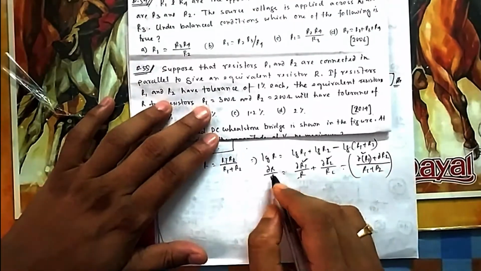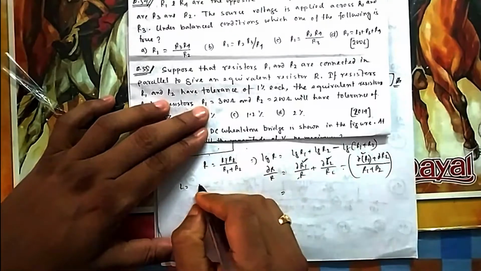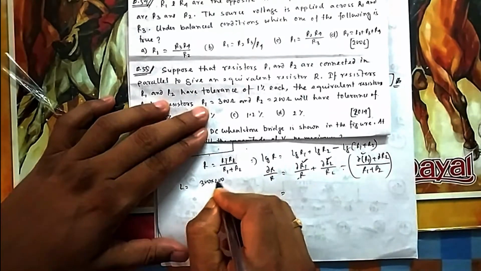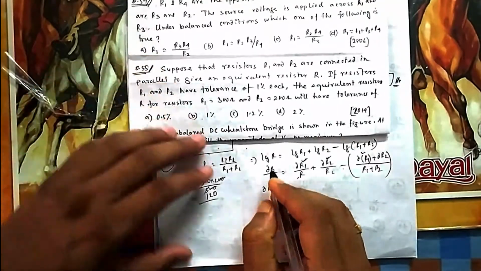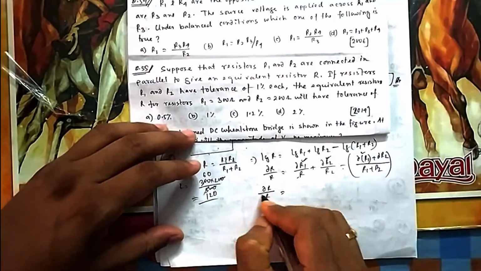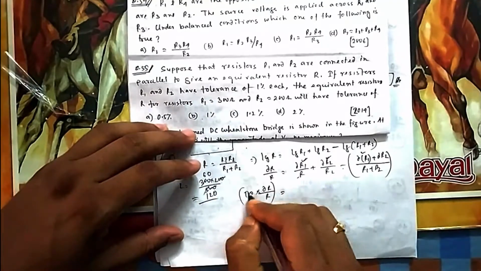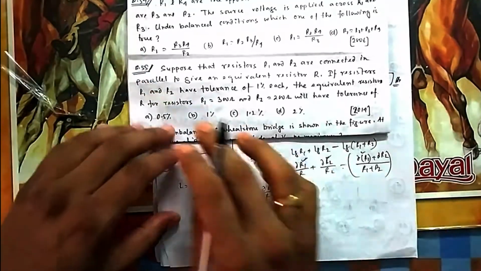So what is your R in the normal case? Your R should have been 300 into 200 divided by 300 plus 200, which is 120. For dR by R, no need to calculate it separately, because ultimately you will need dR by R into 100, as they are asking in terms of percentage.